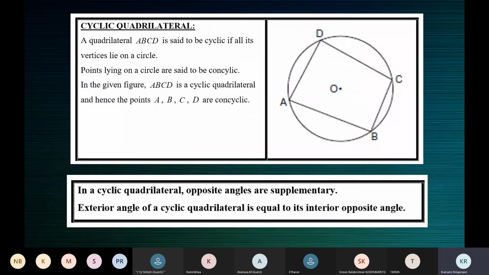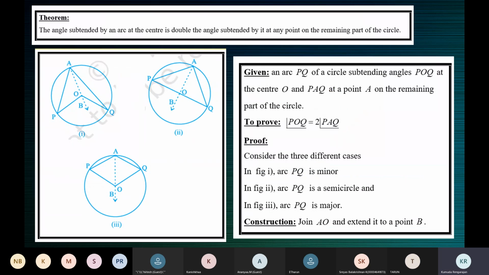In a cyclic quadrilateral, opposite angles are supplementary. Exterior angle is equal to interior opposite angle. We need to keep all this in mind when we solve a numerical or figure-based question. Some angles are given and you need to find other angles. All these theorems should rush into your mind.